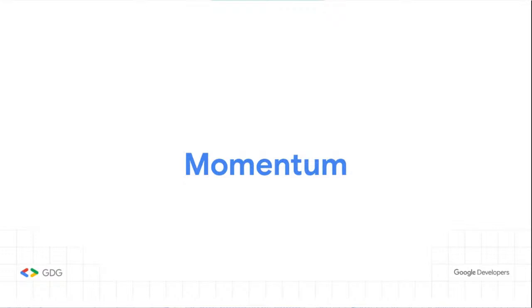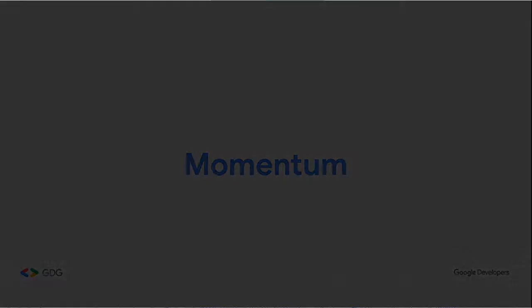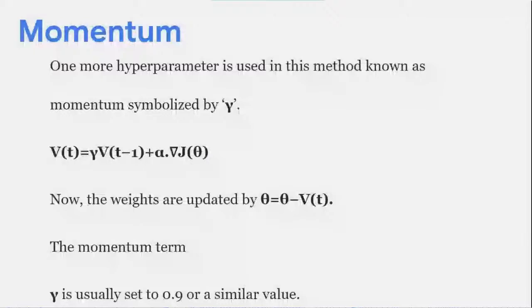And here we are facing two main problems, which are leaky averages and an ill-conditioned problem. So momentum was invented for reducing the high variance in stochastic gradient descent and softening the convergence.